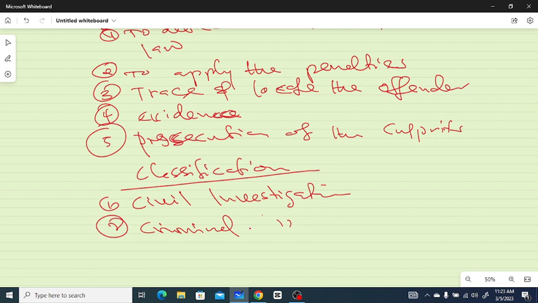What is criminal investigation? Criminal investigation is whereby companies are investigated if any of these issues occur. One, there is a criminal violation of tax law, where the firm or the taxpayer refuses to comply with the tax law.